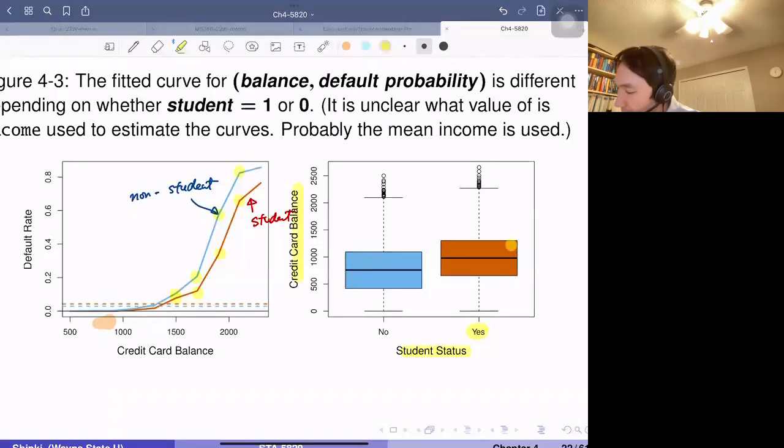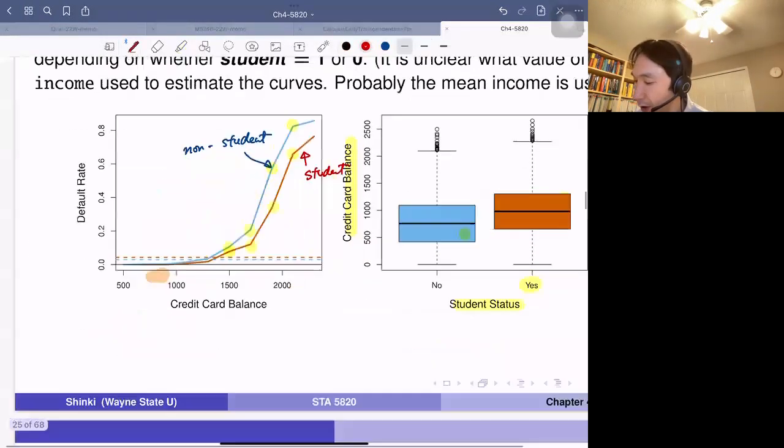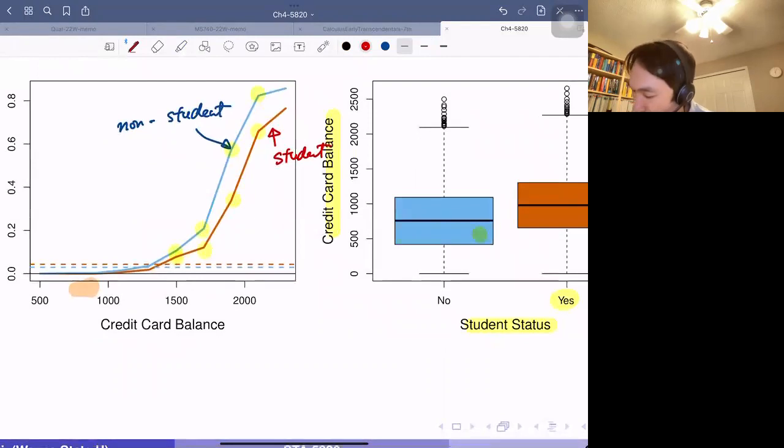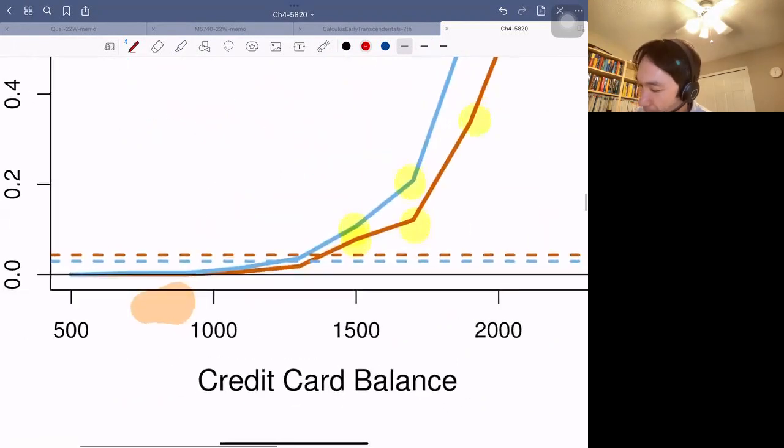So students have typically maybe $1,000 debt, and maybe non-students, maybe $700 or something. So effectively, if we ignore balance, we are comparing the student with $1,000 debt and the non-student with $700 debt.